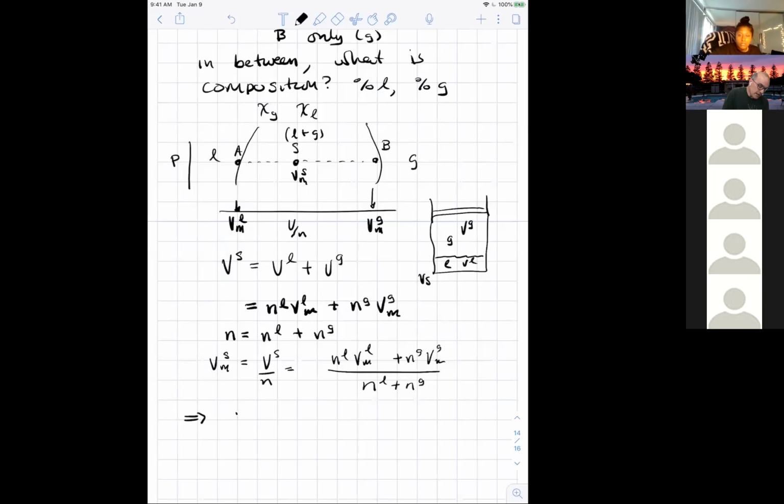What you get is NL times VML minus VS over N. And I'm putting it as VS over N to be more in line with what DeVoe does. I would naturally call it the molar volume of the mixture, but that's not what he does. But it ends up reversing on the other side.